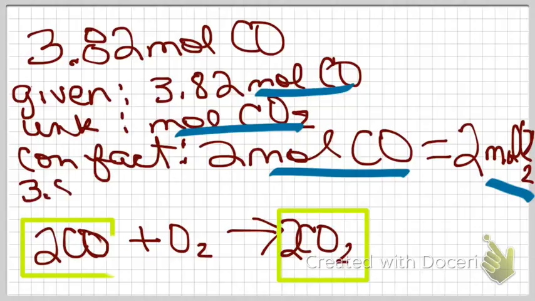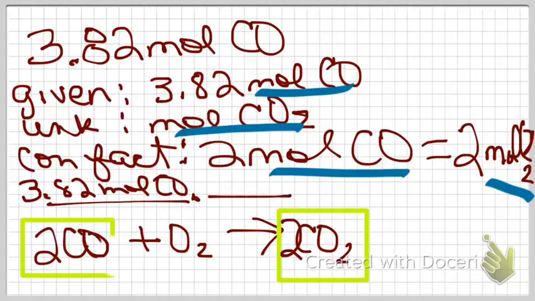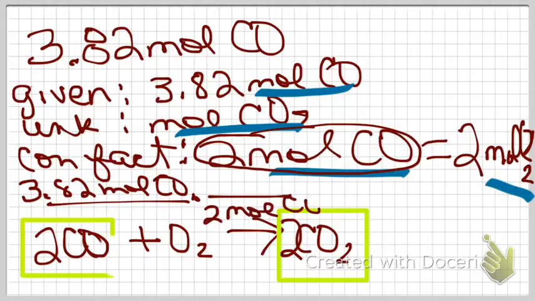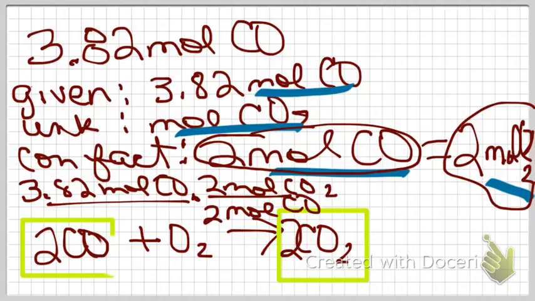So here's my 3.82 moles of CO. And I have moles of CO on top, so I'm going to put this moles of CO right here in the denominator, 2 moles of CO in the denominator, and that forces this 2 moles of CO2 to be in the numerator.